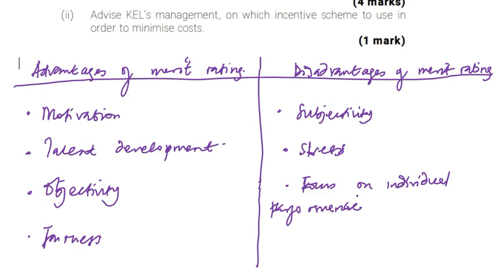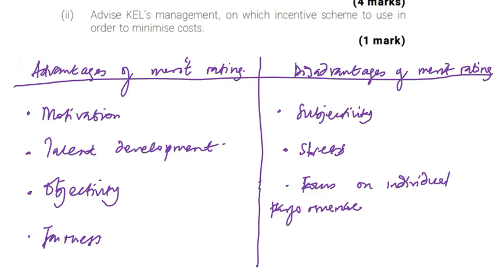That is merit rating. Motivation, talent development, objectivity, fairness. But we can also criticize it. We can look at subjectivity, the stress it creates. Then it also focuses on individual performance.